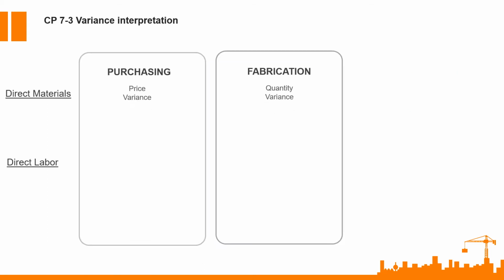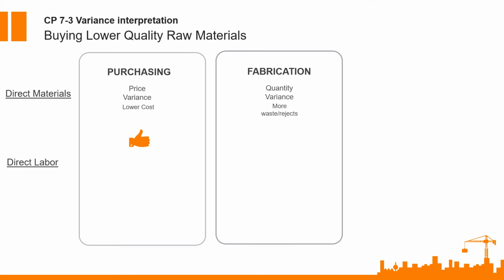Now we interpret this scenario as the company buying lower quality raw materials. Since the purchased materials are of lower cost, the purchasing department was able to have a favorable price variance. But it does not explain why the fabrication has zero variance in terms of quantity, since using the lower quality materials would entail more rejects in their fabrication.